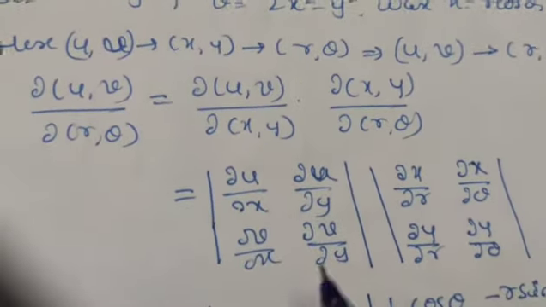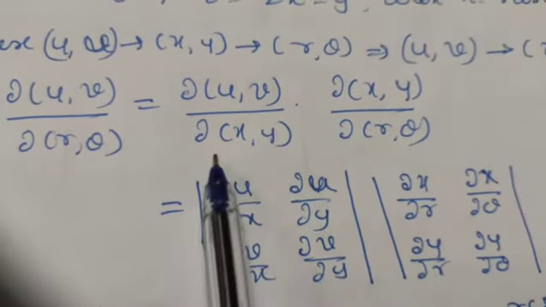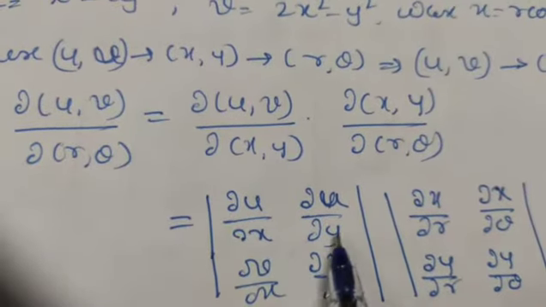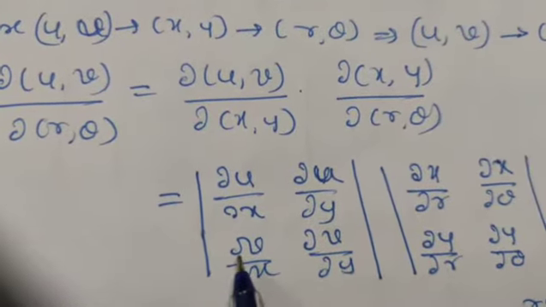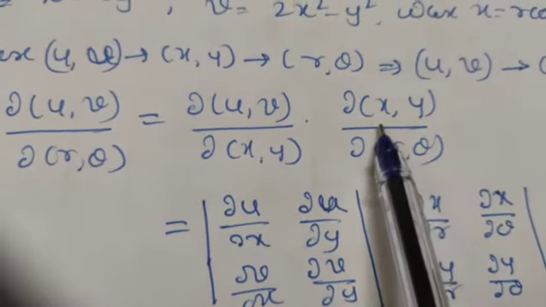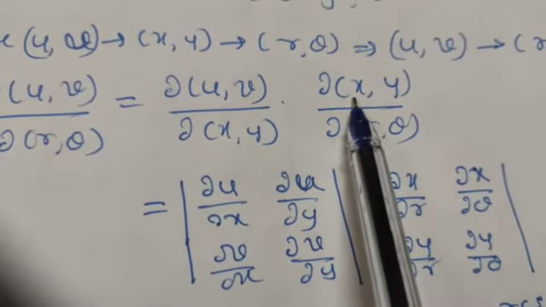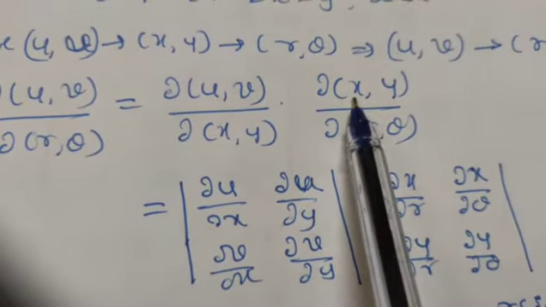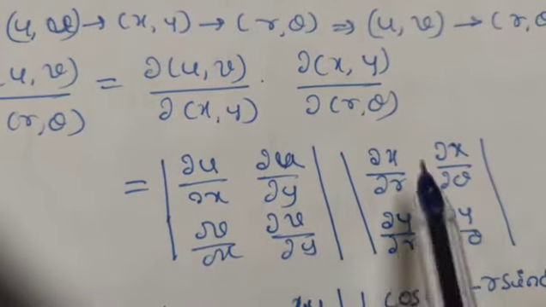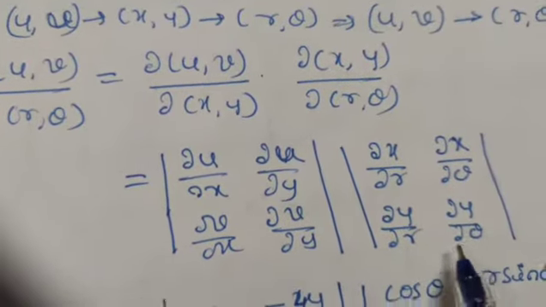From the definition of Jacobians, ∂(u,v)/∂(x,y) is equal to the determinant with first row ∂u/∂x, ∂u/∂y, and second row ∂v/∂x, ∂v/∂y, into ∂(x,y)/∂(r,θ), which is equal to the determinant with first row ∂x/∂r, ∂x/∂θ, and second row ∂y/∂r, ∂y/∂θ.